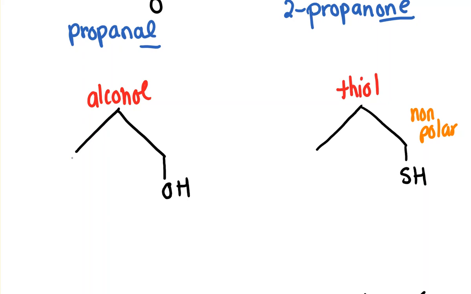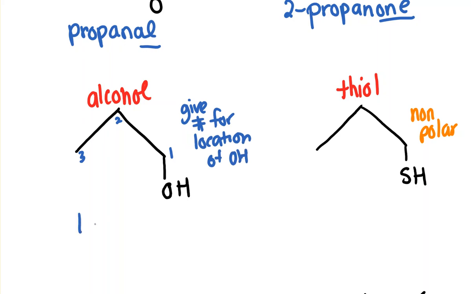Again, we're going to have to number this to say where the functional group is. On an alcohol, the OH can be on any carbon. And so we will say 1, and then propane, and then the ending is ol, like alcohol.